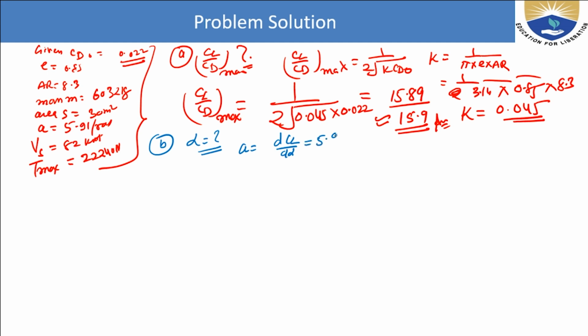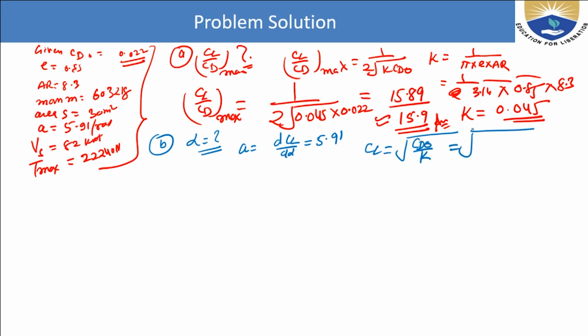It is given 5.91. A is given, and this is dCL by d alpha. So we have to find out this alpha, and we should also know the CL. So what is the CL? CL is equal to under root CD naught by K.